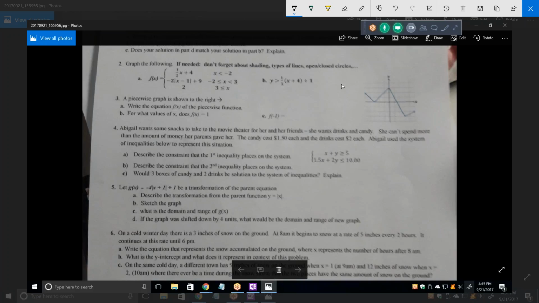Okay, what we're looking at now is they give us the piecewise graph, and we have to come up with the piecewise function. In other words, number 2a was the other way around. They gave us the function, we had to graph it. Now they're giving us the graph, we got to come up with the function. There's actually a couple of ways you could do it. I can treat 4 separate regions.